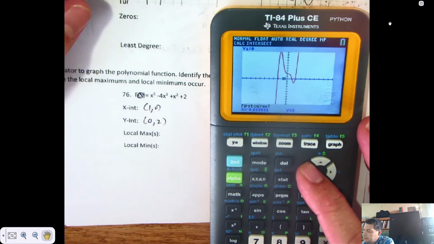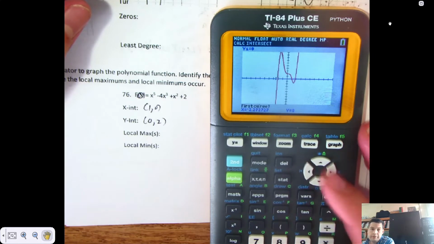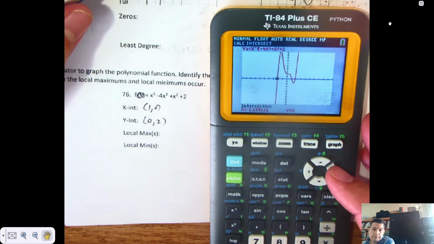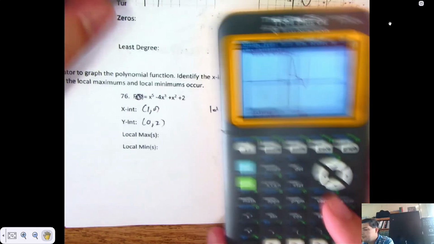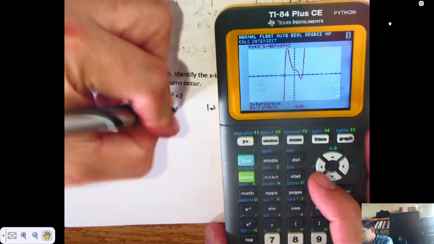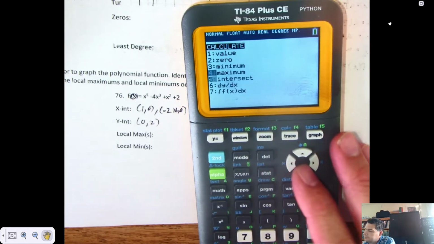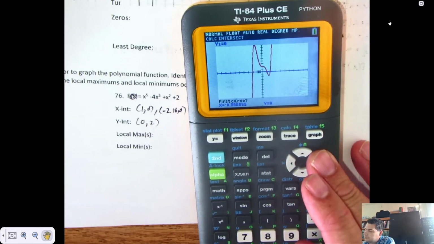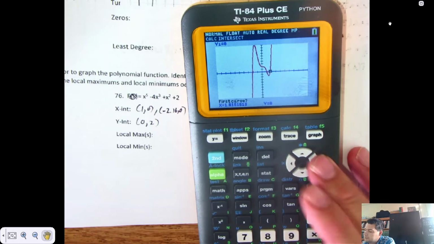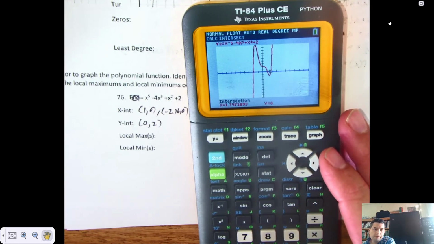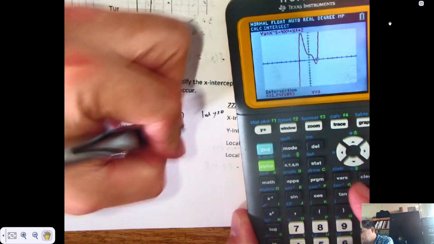Let me get that a little closer. All the way to the left. Enter, enter, enter. There she is. Negative 2.160. And the last one, all the way to the right. Enter, enter, enter. 1.750.